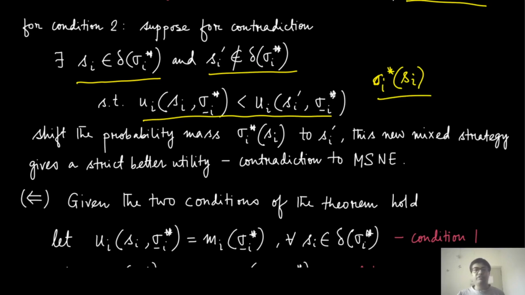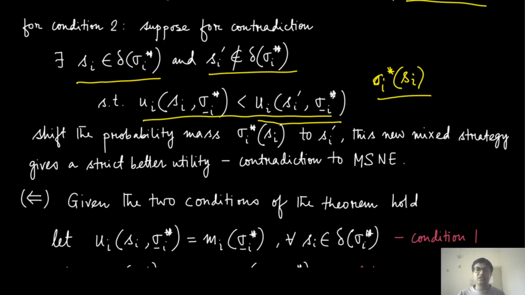Now I can just shift that weight to SI prime, right? And because for all the other agents the strategy profile remains the same, the utility for that strategy profile is going to get strictly bigger.